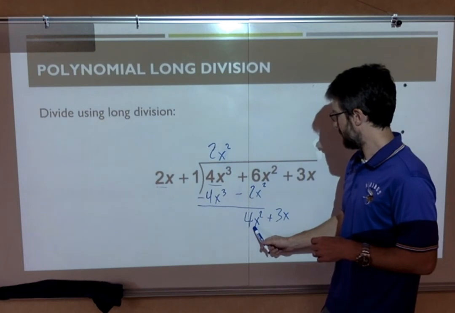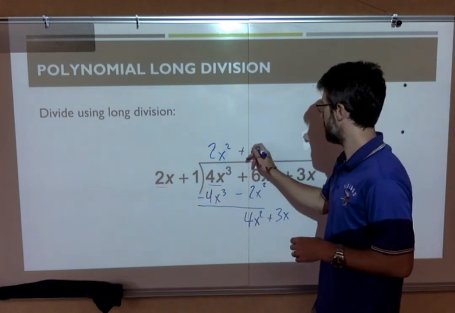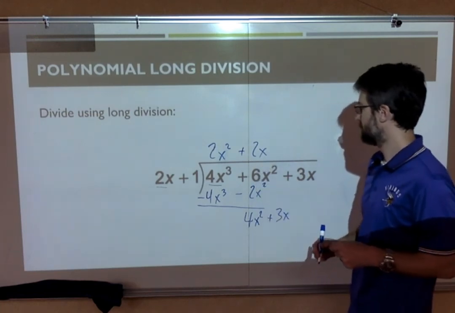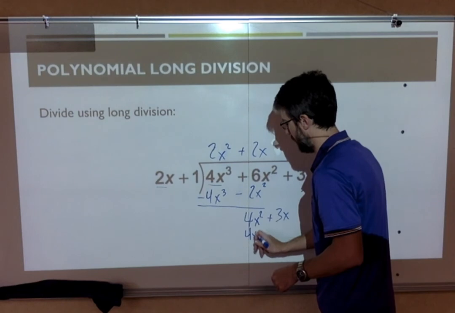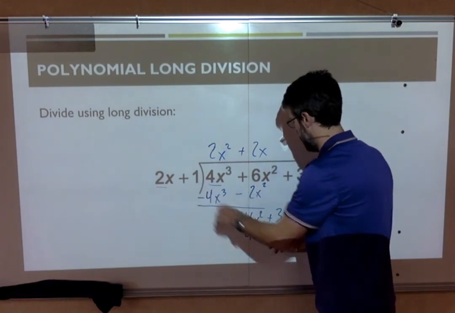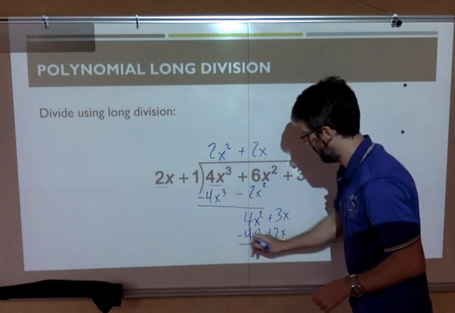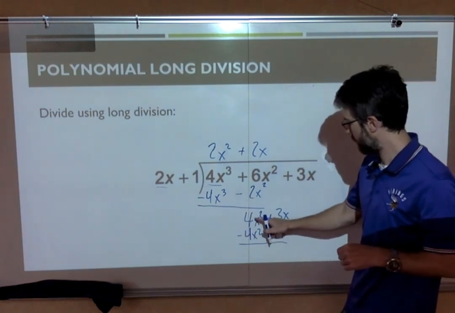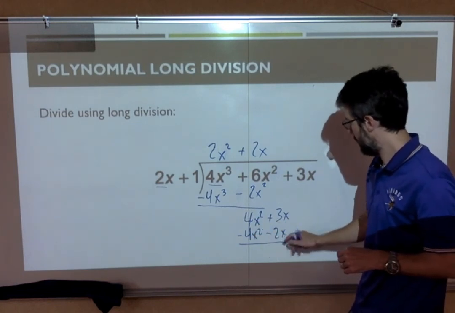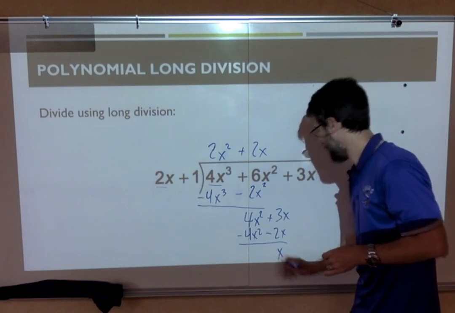Now we've got 4x squared divided by 2x is 2x. 2x times 2x is 4x squared. 2x times 1 is 2x. Change the signs because we're subtracting. Now 4x squared cancels out. This becomes 3x minus 2x, which is x.